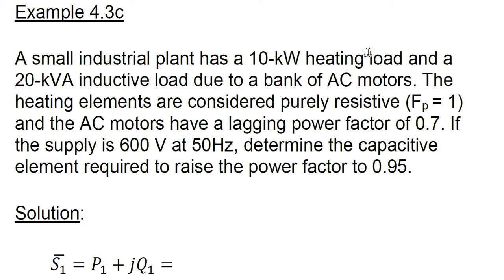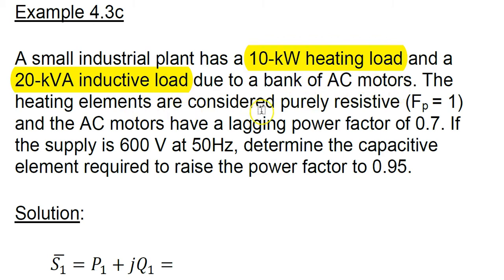In this video, we look at example 4.3c, which is found in your lecture notes, topic 4, AC power. Now, a small industrial plant has a 10 kilowatt heating load and a 20 kVA inductive load due to a bank of AC motors.